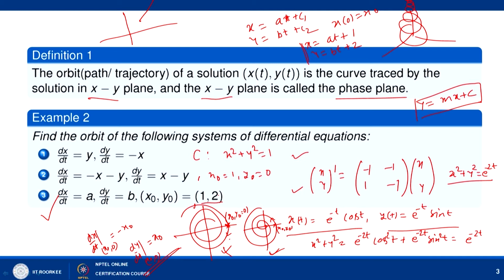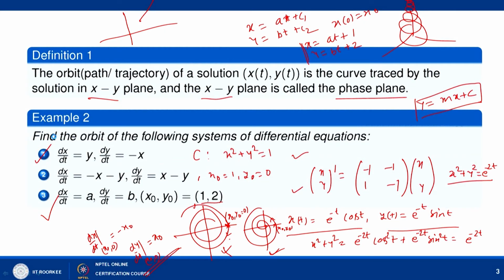For example, in the first case, dx/dt equals y and dy/dt equals minus x, the orbit of this solution is basically the unit circle x squared plus y squared equals 1, and if you take any arbitrary initial condition, then it will give you the family of circles as the path traced by the solutions of dx/dt equals y and dy/dt equals minus x.